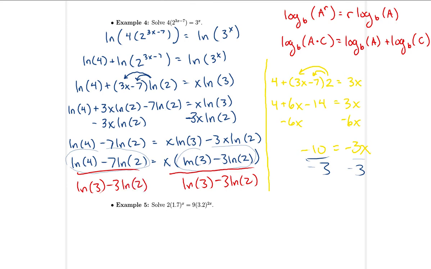Okay, and so just to clean up what we've got here, this will be x equals the natural log of 4 minus 7 times the natural log of 2, over natural log of 3 minus 3 natural log of 2. All right, now one of the hard parts of these problems is that depending upon how you decide to go about the problem, your final answer might look quite different.